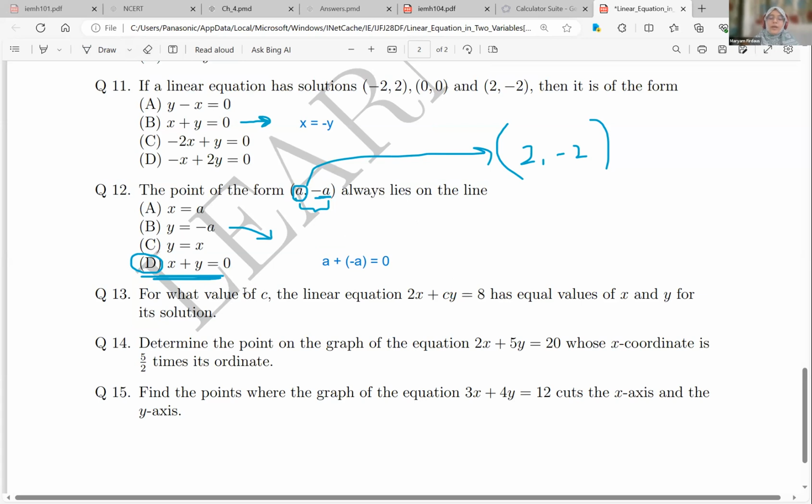Yes, ma'am. Okay. So now look, the 13th, 14th, and 15th questions, you have to do them by yourself. Please. I am not going to repeat it, and I'm not going to accept it if any of you has not completed the homework. It's fine if you are not able to get the answer, or if you have gotten an incorrect answer. But you have to try the question at least.